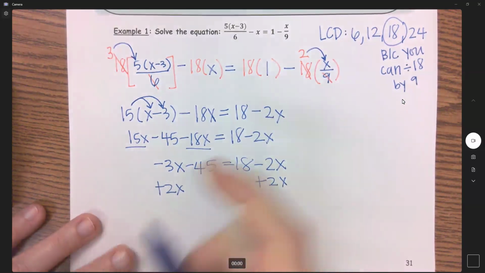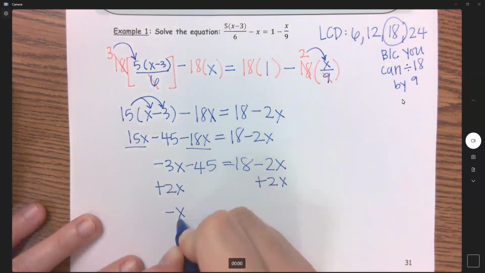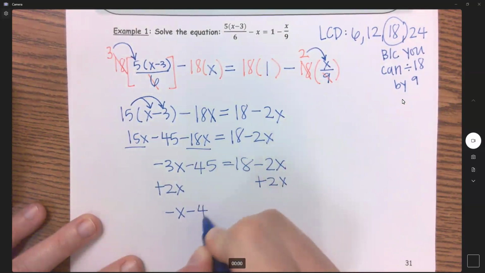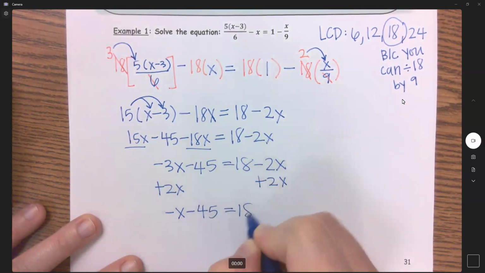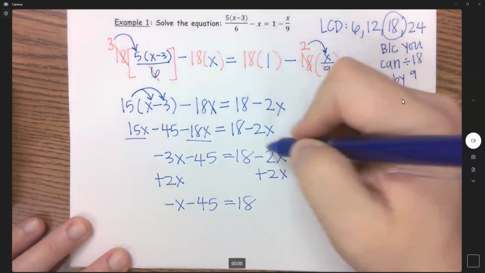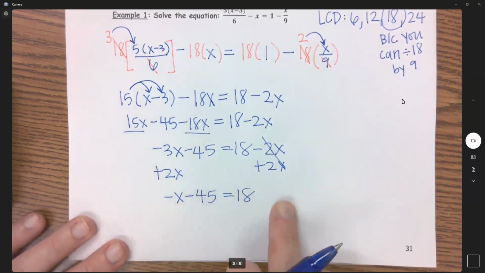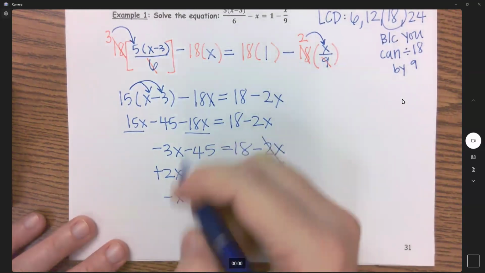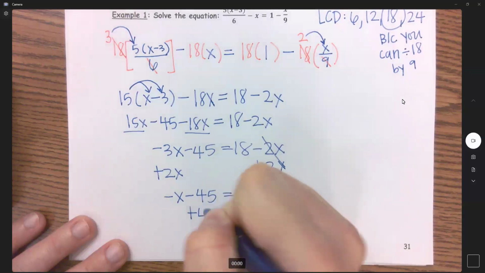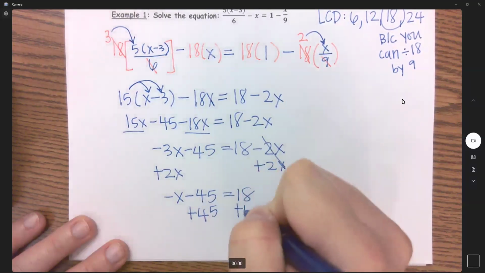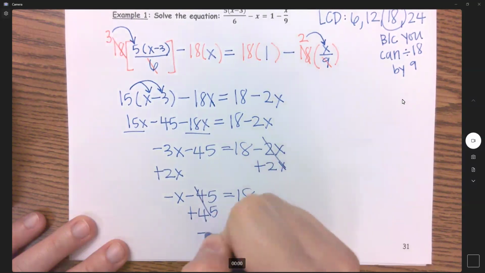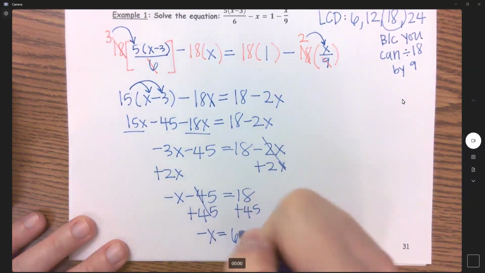So -3 plus 2 gives me -1 or just -x. Bringing everything else down. Now I have my variable on the left. That means I need to get my constant on the right. So I'm going to add 45 over. And I get -x equals 63.